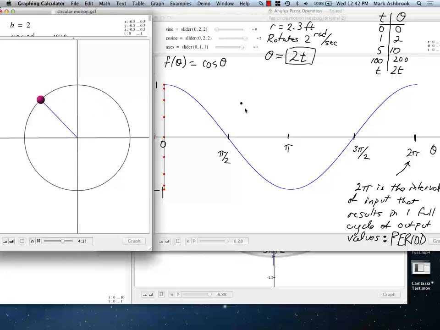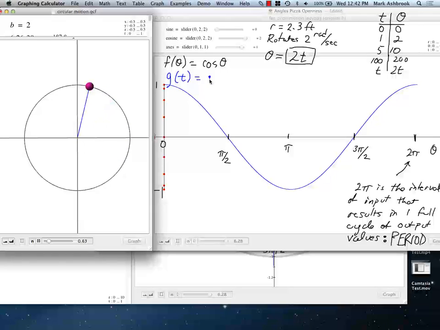Okay, so if f equals cosine theta, how can we write a function g of t that will give us the same output, the horizontal distance to the right in radius lengths, but now the input is t? How can we do it?